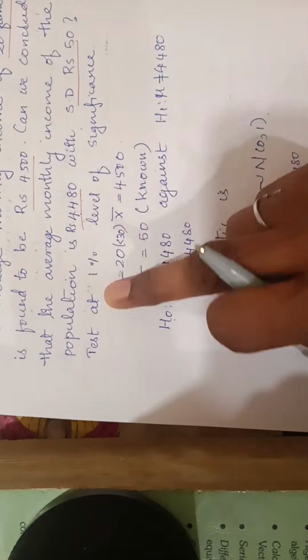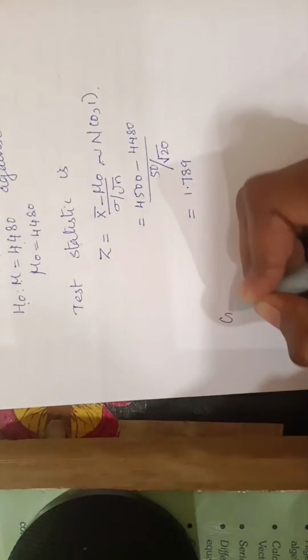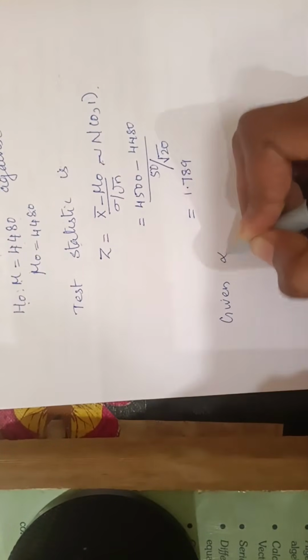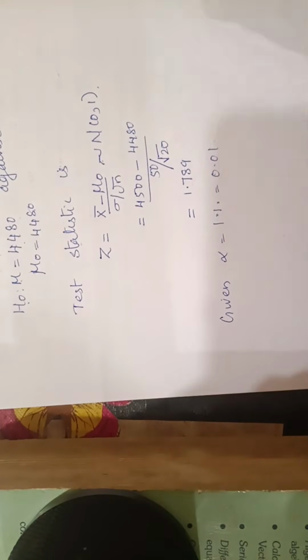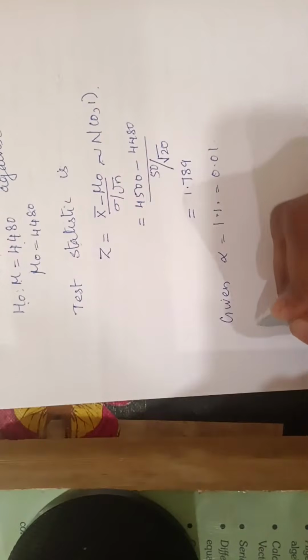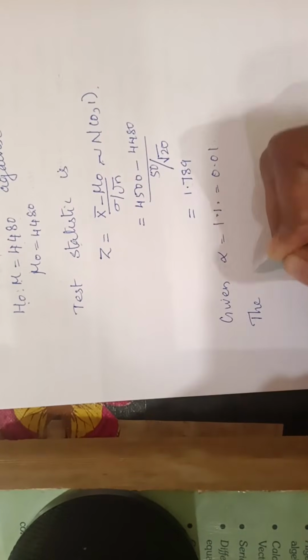So given alpha equal to 1%. 1% means 0.01. Now we have to fix the critical region, that is the rejection region.